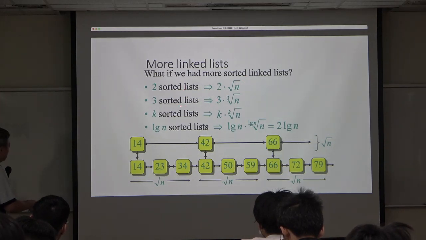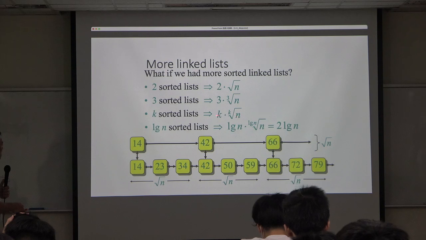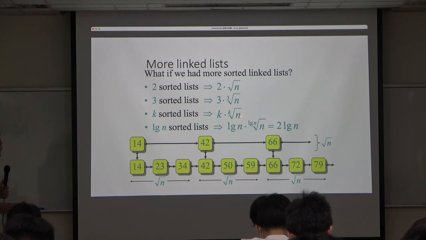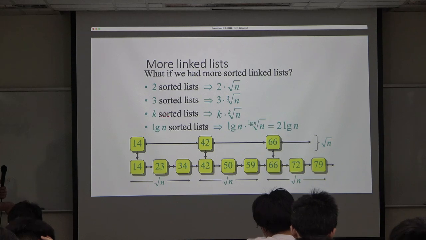If it's 3, it's going to be 3 times n to the power of 1 over 3. And if it's k sorted lists, it's k times n to the power of 1 over k. Then the best one actually happens when you have log n number of sorted lists, and it's going to be 2 times log n.